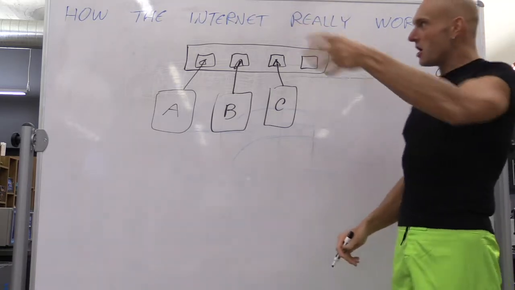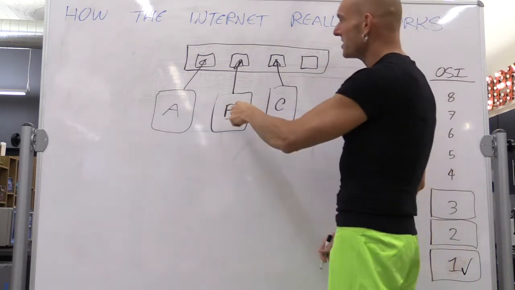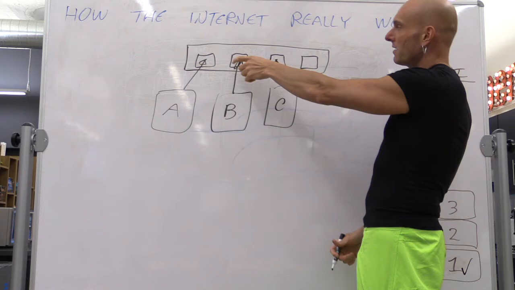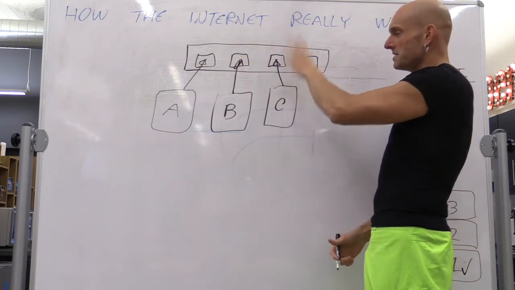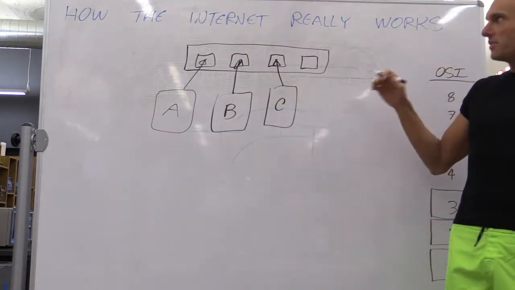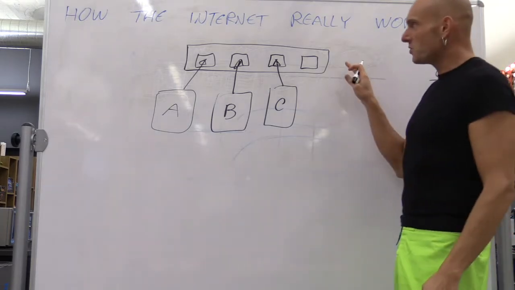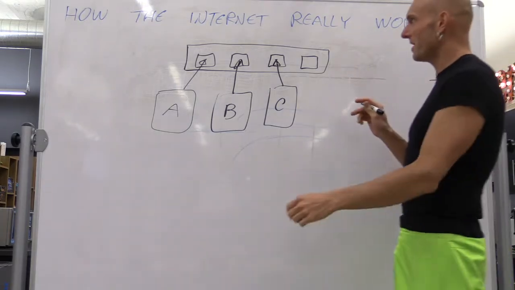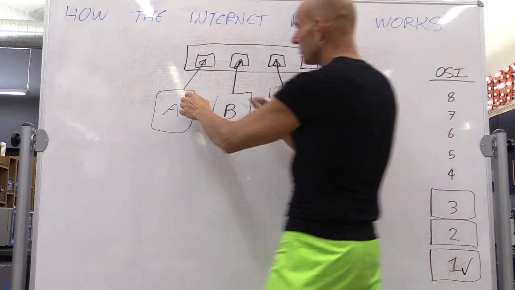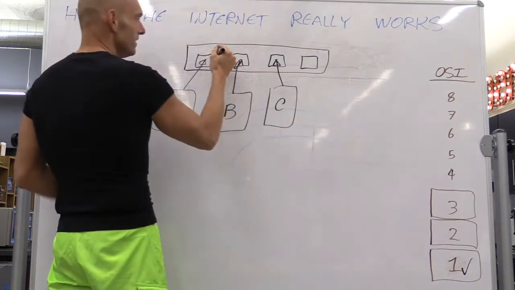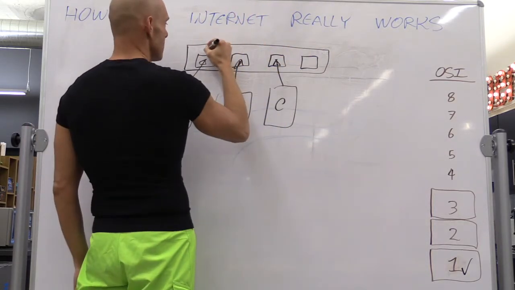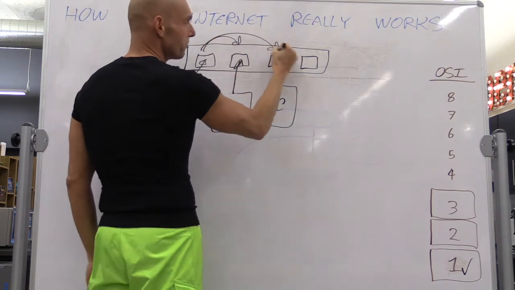Now, this doesn't solve the earlier problem, which is if A and B are transmitting, the hub is going to be trying to repeat it, seeing C's and beginning gibberish. And so the difference between a hub and a switch is that a switch uses something which we're going to come to in a few minutes to figure out that the first time A ever transmits, it's going to act like a hub, and it's going to take whatever A says and repeat it to every port.